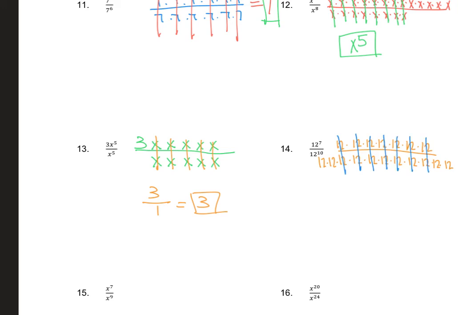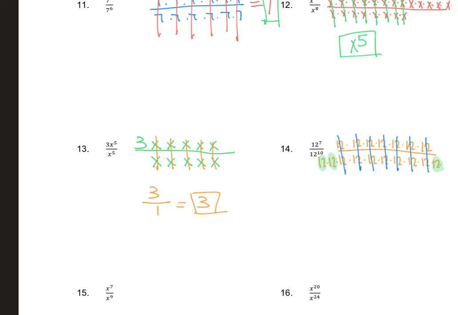I notice, and I definitely drew one too many, that I have 3 left. And where are they? I should have 3 left, and they should be on the bottom. Right?